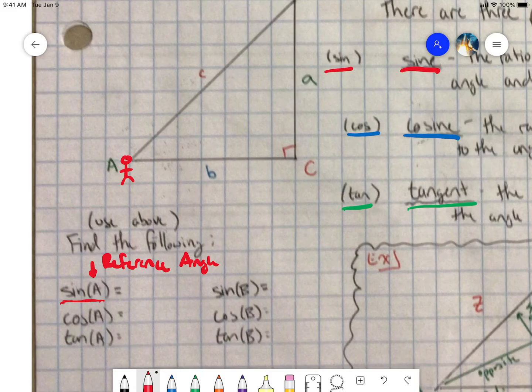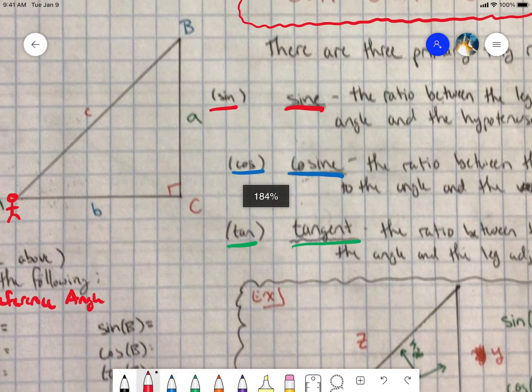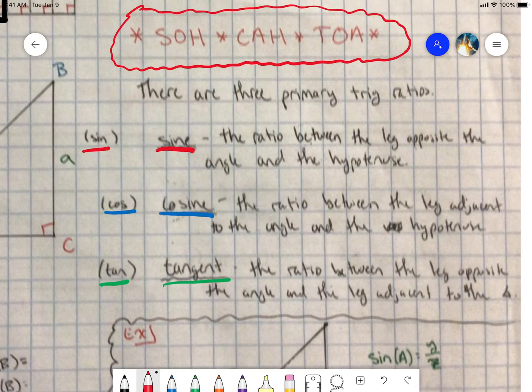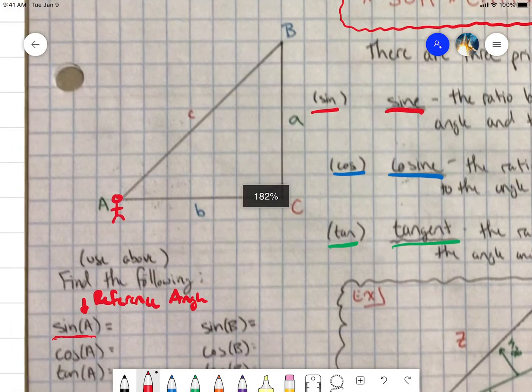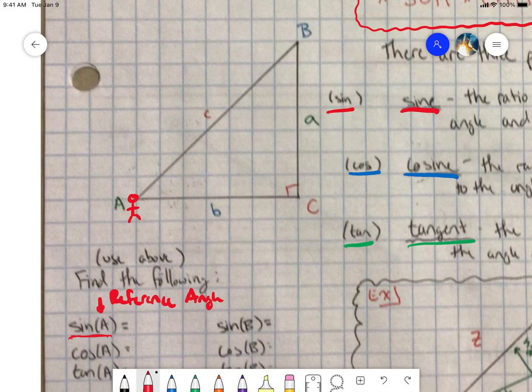Okay, and when we say sine is the ratio between the leg opposite the angle and the hypotenuse, that means if I'm standing at A and I'm looking into the triangle, C will always be my hypotenuse, because it's the side opposite the 90 degrees.